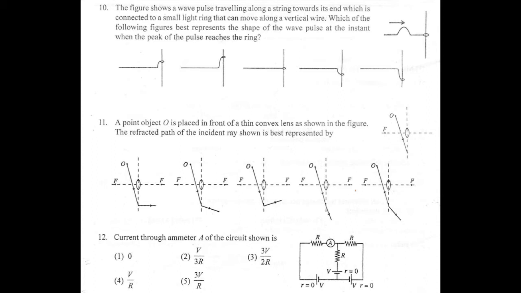So once the pulse reaches the end, the reflected pulse has the same shape. So both pulses combine and give a higher amplitude, which is equal to 2. Answer is 2.